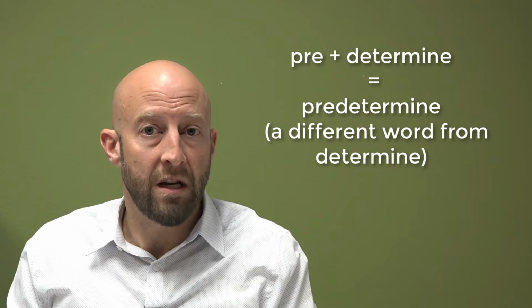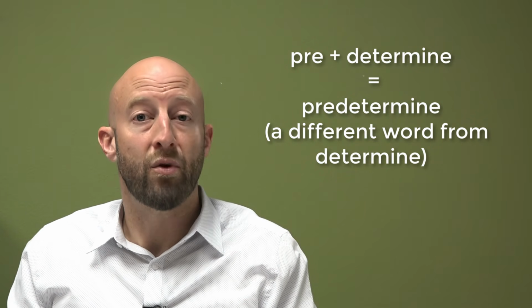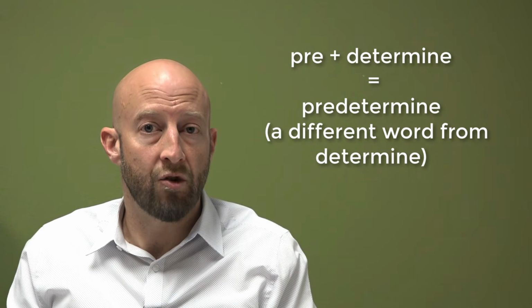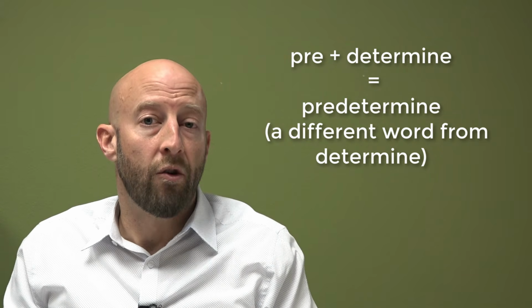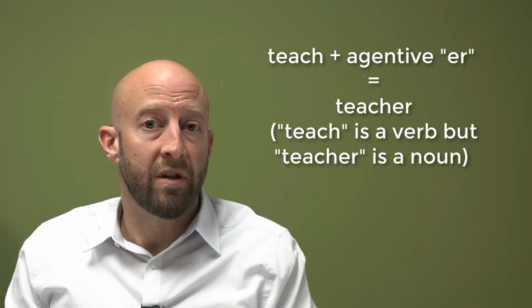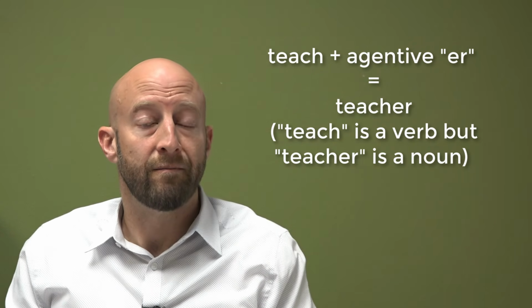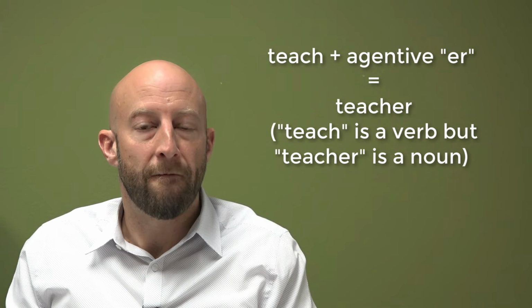If we take pre, for example, and we add it to the word determine, we get predetermine, which is a new word that would have its own dictionary entry separate from that of determine. Now also, if we take the agentive er suffix, we could make a noun from a verb.